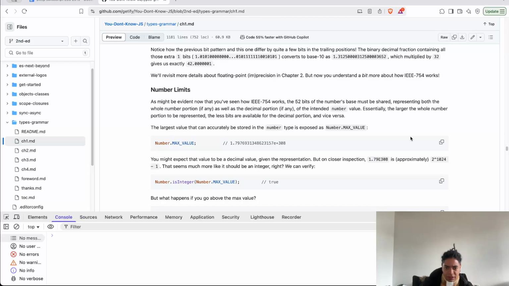We can verify that this is still an integer.